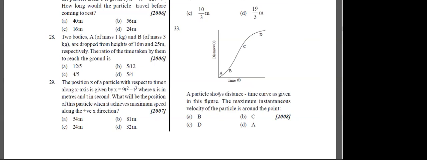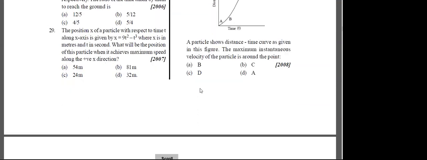So in which point is maximum slope there? It is point C. Maximum slope is there like this. B will be like this, A will be like this. Actually, the graph is not very clear, but you should make this. See, the slope is very slant at point C. The answer is this.